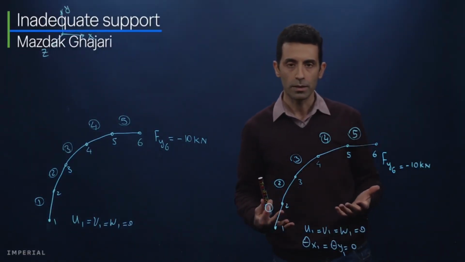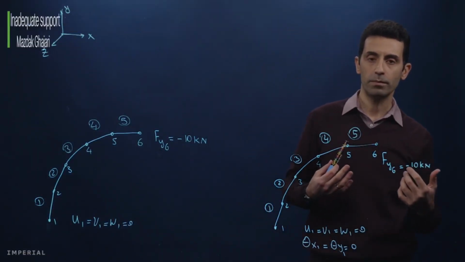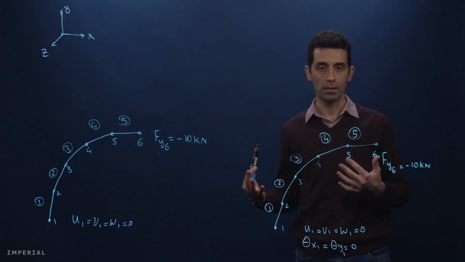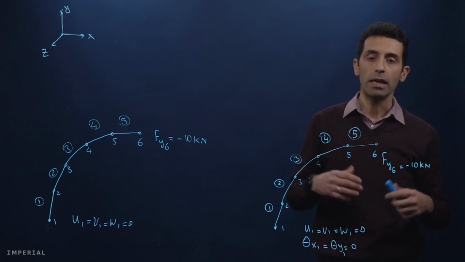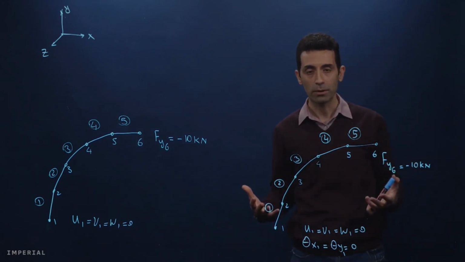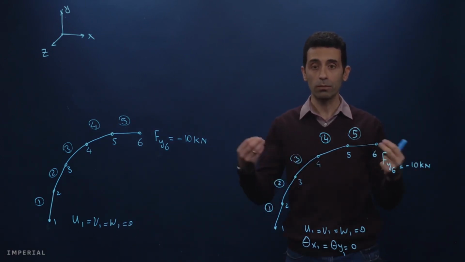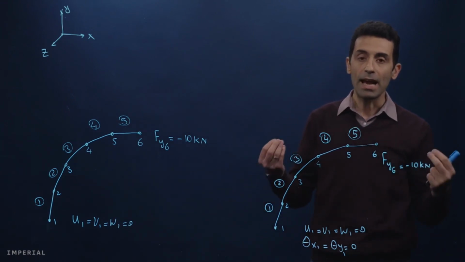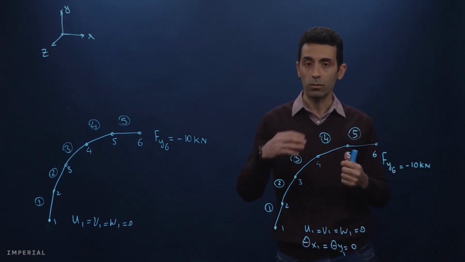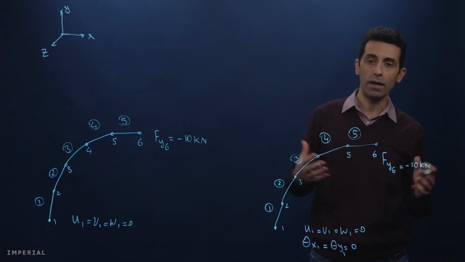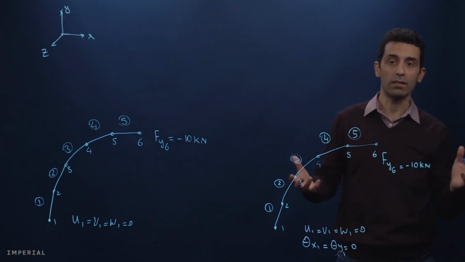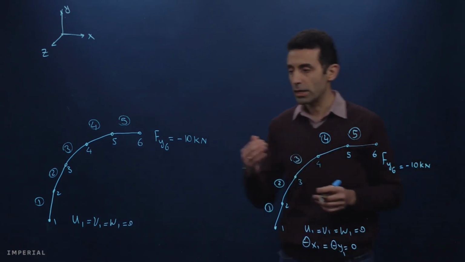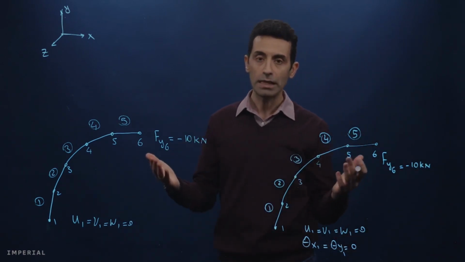Similar to truss elements, we have pitfalls with beam elements, especially when we are defining our boundary conditions. If we do not define adequate boundary conditions, our structure will not be in static equilibrium, and therefore the simulation will stop. Often you receive error messages like singular stiffness matrix or pivot in your model. So here are two examples of inadequate support.